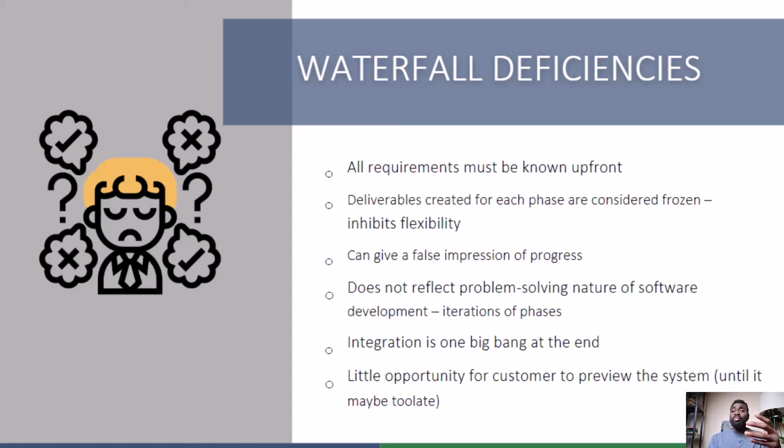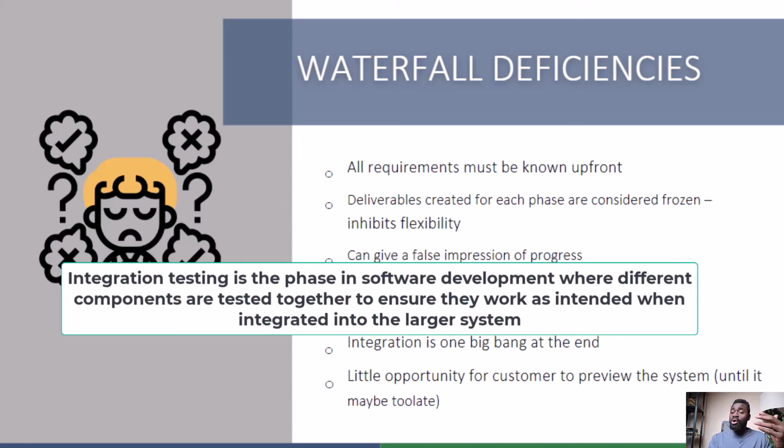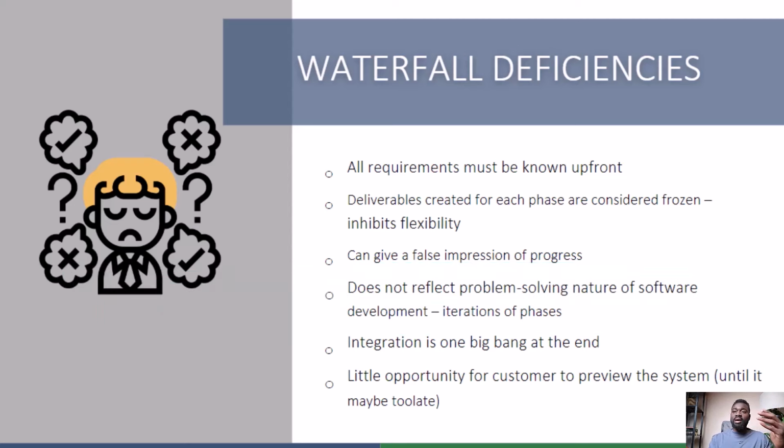Also, it's a complex integration. Integration testing, which occurs late in the process, can reveal unexpected issues when different components are combined. Identifying and resolving these integration problems can be challenging. And also limited adaptation to market changes.